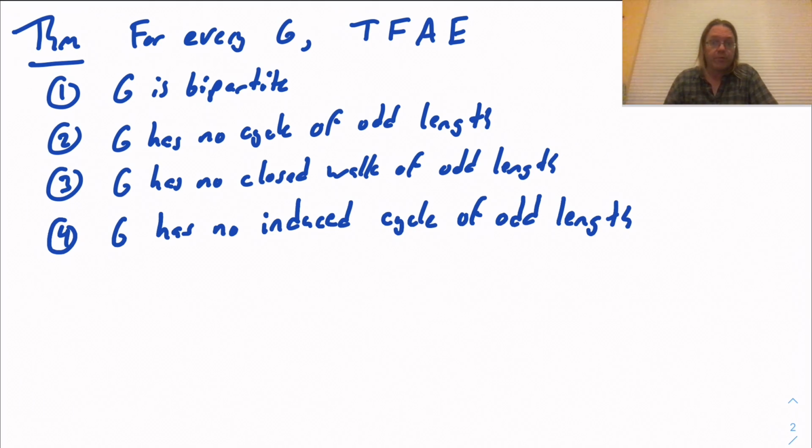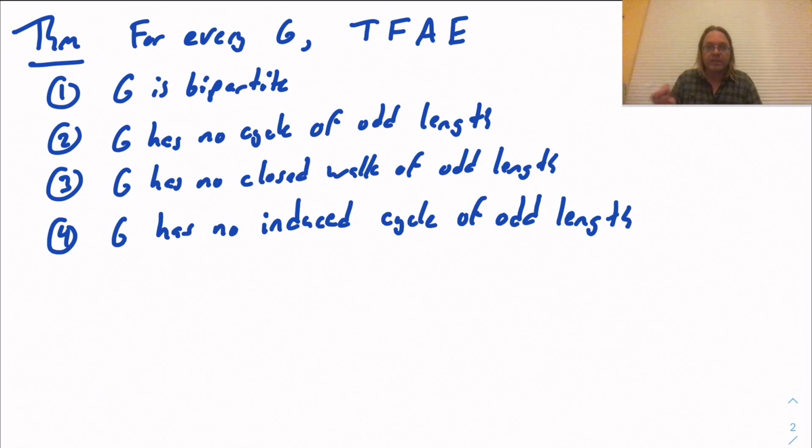And so our theorem here: G is bipartite if and only if no cycle of odd length, no closed walk of odd length, no induced cycle of odd length. There's actually a hierarchy here, in a little bit of a funny order. An induced cycle of odd length is a special cycle.